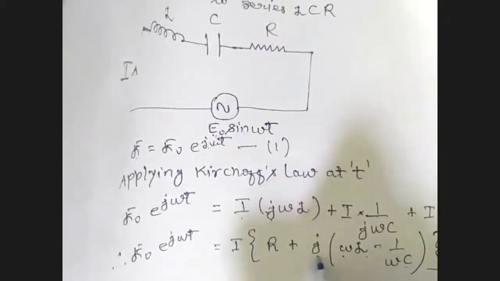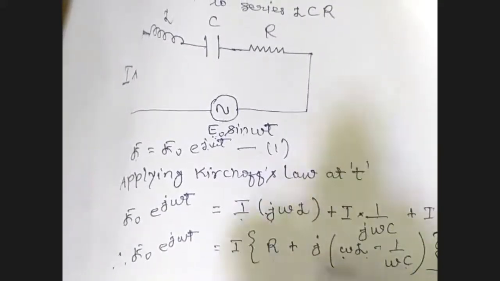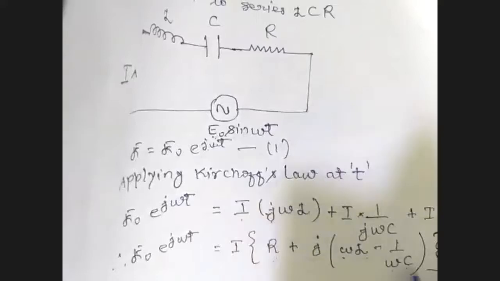Then j will be common. So I will get two terms, one is the real term and other is imaginary term. Means this is a complex term for us.